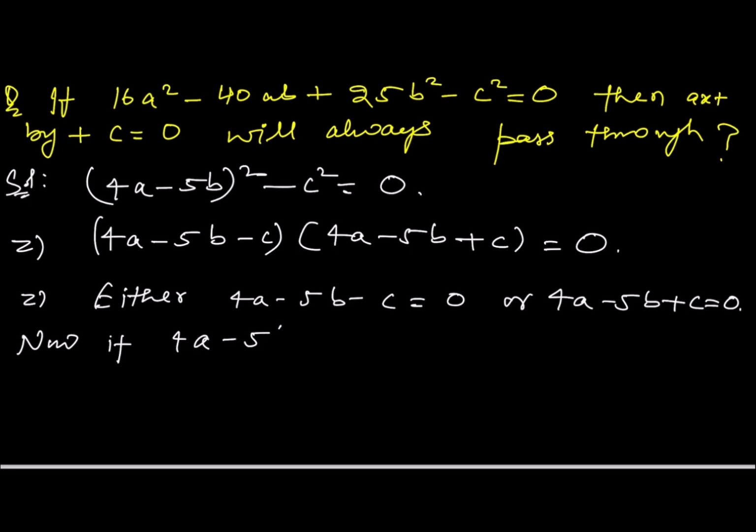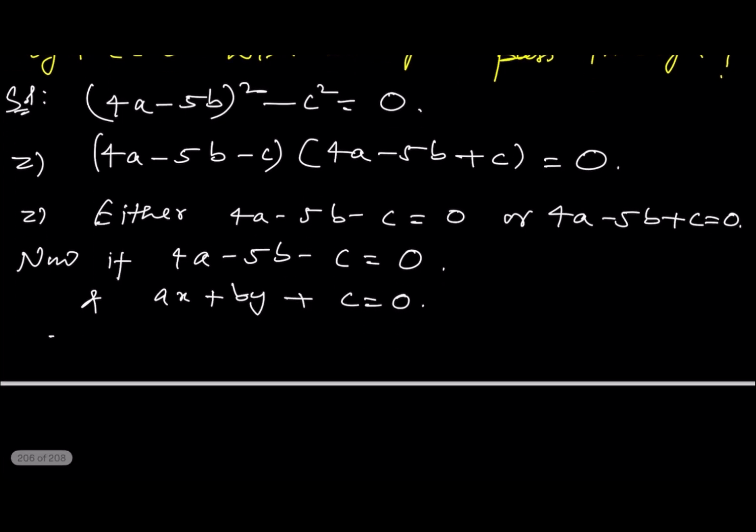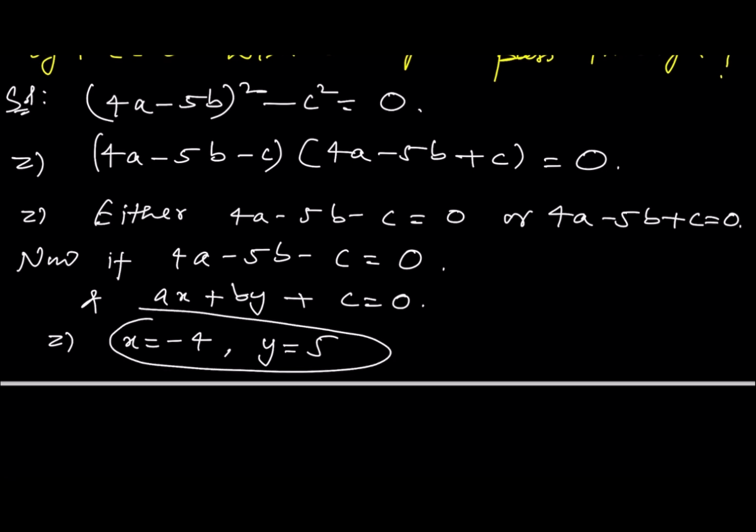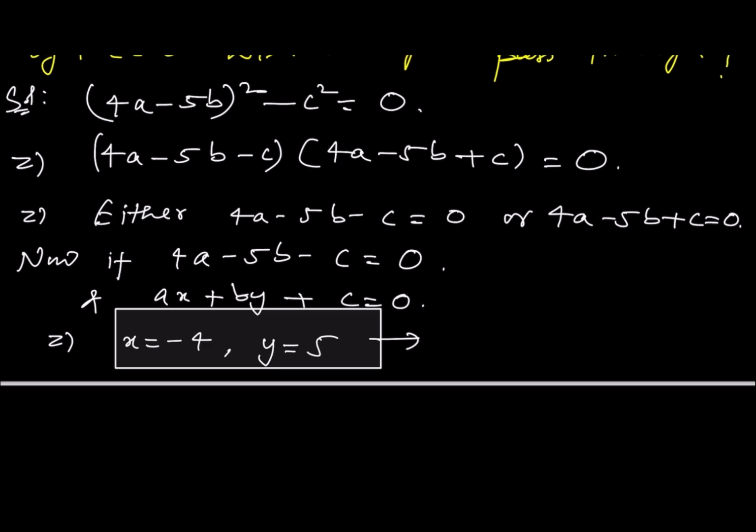So now if 4a minus 5b minus c is equal to 0, and taking the equation of line ax plus by plus c is equal to 0, by comparison I can get x is equal to minus 4 and y is equal to 5, right? So using this I can say the point is minus 4 comma 5 for this condition.